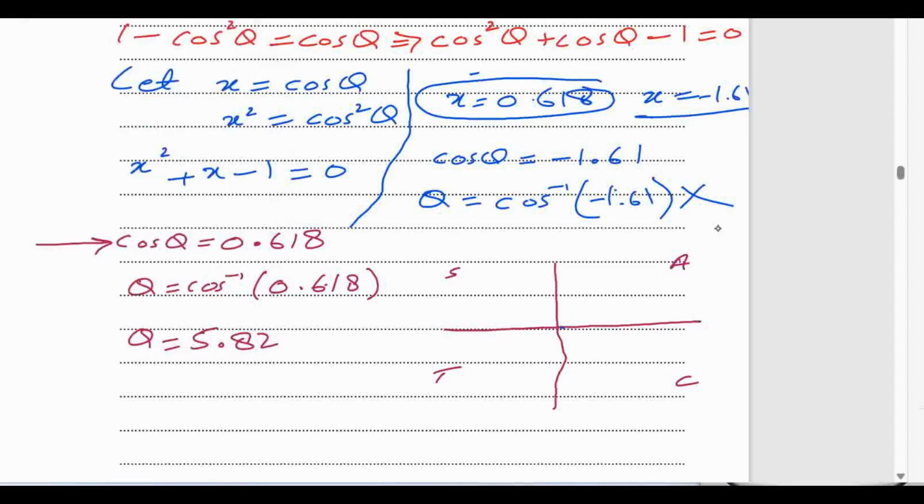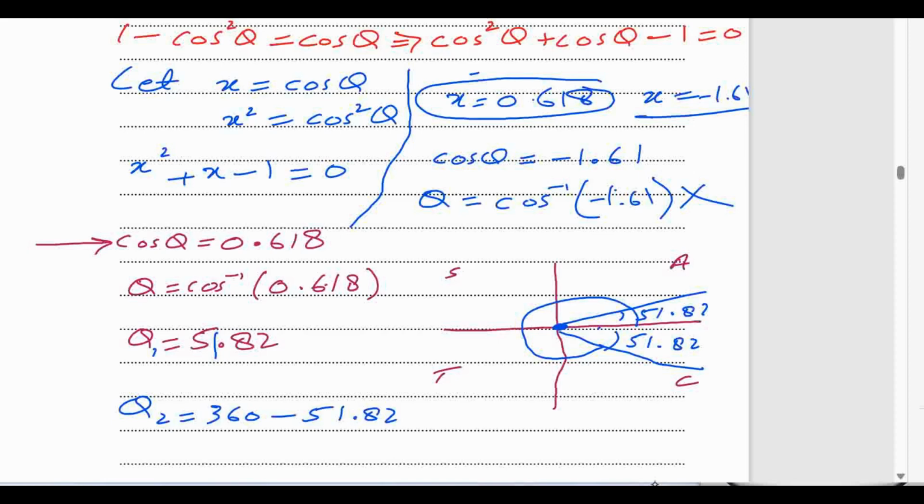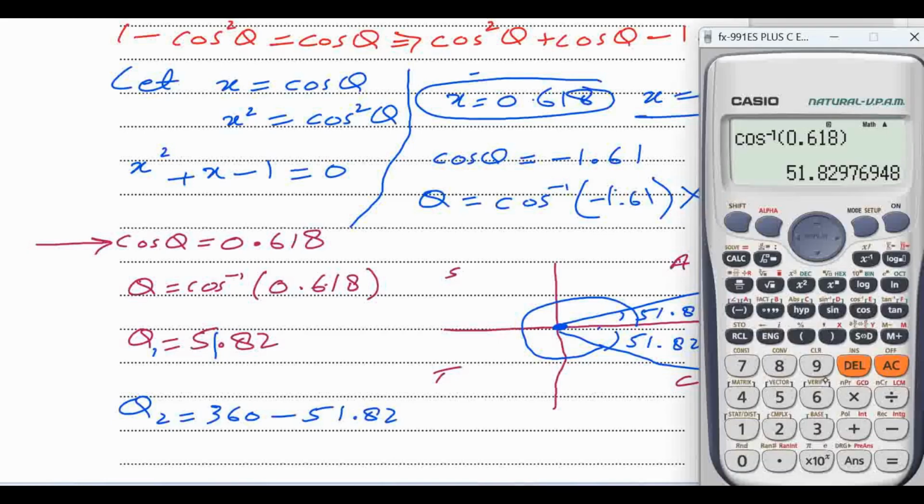So it means that one angle is 51.82, and the other angle, we have to move anti-clockwise, so this will be theta 1 and theta 2 will be equal to 360 minus 51.82.